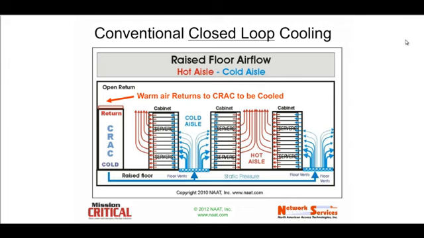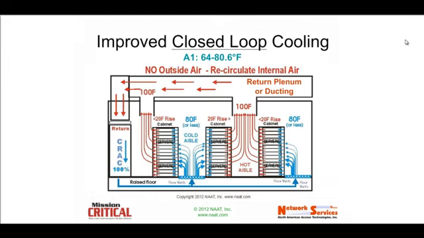We're going to take a little bit better look at that, where we're adding some return ducting or plenum to try to capture as much of the hot air and move it back towards the CRAC or CRAH. And notice in these next few drawings, I've just used the term CRAC generically for computer room air conditioner, the same would apply basically if these were water-cooled CRAHs. So effectively, it's just a cooling unit for purposes of airflow example.